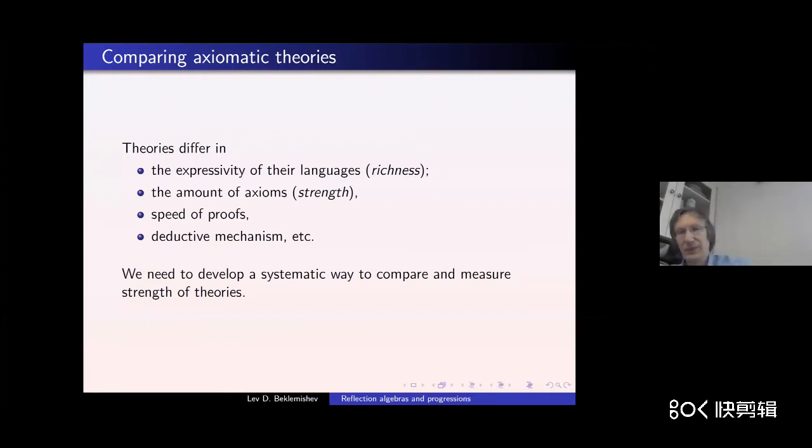And this topic is called ordinal analysis because mostly people concentrated on various measures of strength related to the notion of ordinals. So ordinals or well orderings are the objects that can be associated to formal systems to measure their strengths.